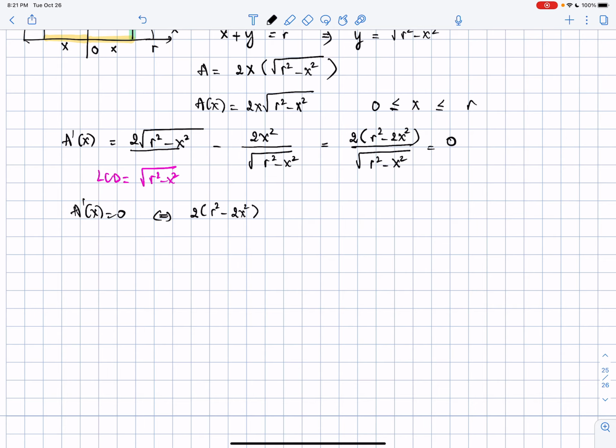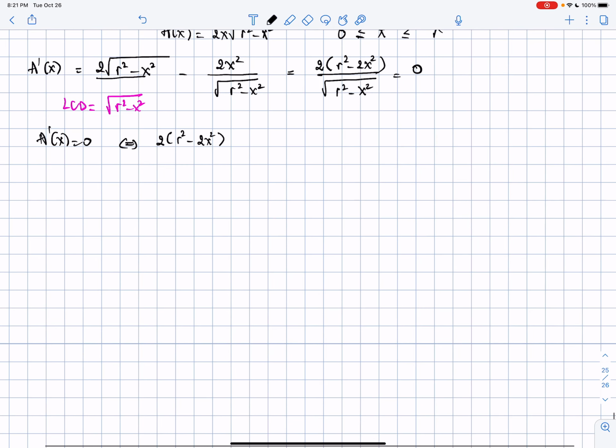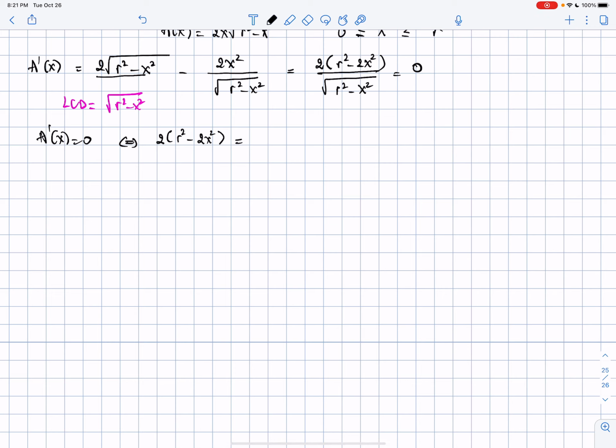So we just set the top to 0. That means 2x squared equals r squared. Then x equals r divided by the square root of 2.